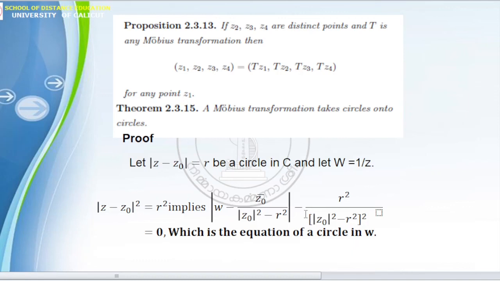So you will get the value as an equation of another circle in w. When you expand this, you will get an equation of a circle itself. So a Mobius transformation takes circles onto circles. Similarly, lines onto lines, a straight line onto a straight line.